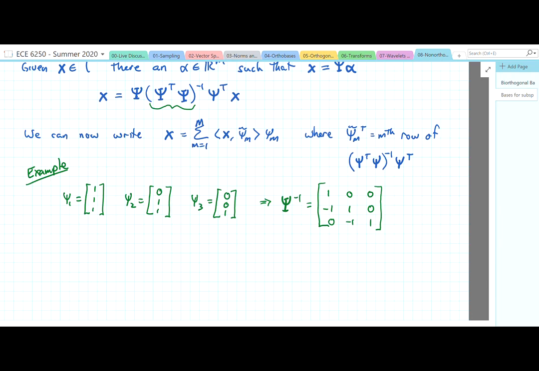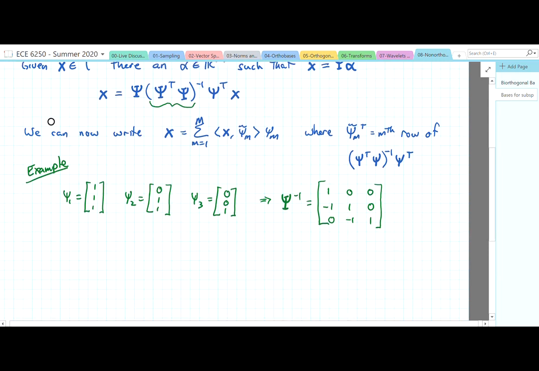So now, taking the rows of psi inverse to be our psi tilde transposes, that would give us psi 1 tilde equal to 1, 0, 0. Psi 2 tilde, negative 1, 1, 0. And psi 3 tilde, 0, negative 1, 1.